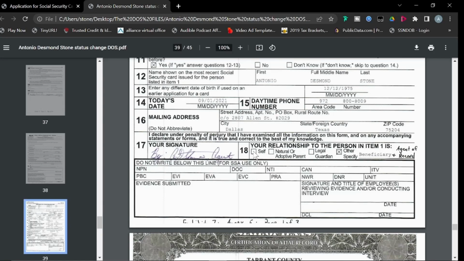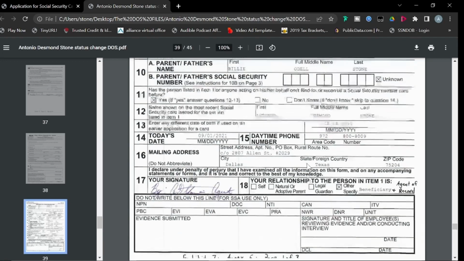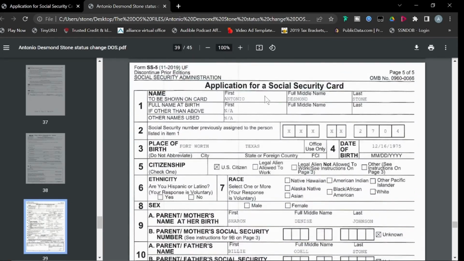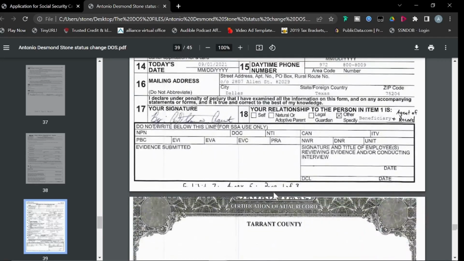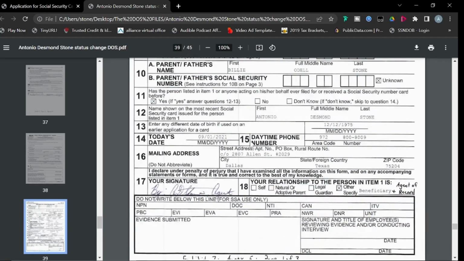When I went inside, I filled out my application just like this, even though I had already filled it out before. This is what I've learned, and everything was still okay at the end of the day. I actually had this application just like this in my hand when I went to the Social Security Administration.